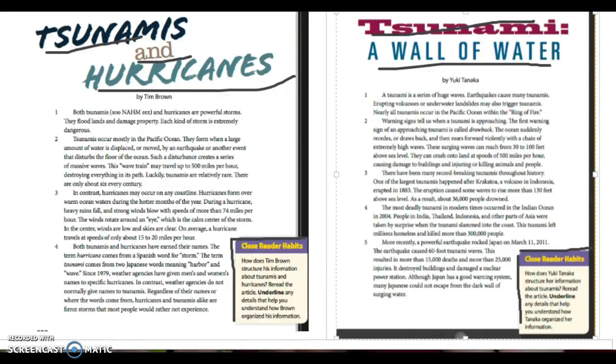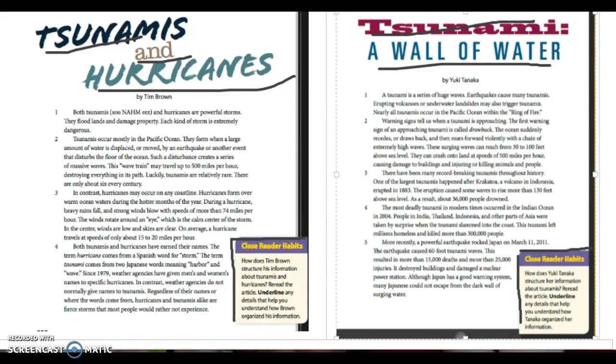Both tsunamis and hurricanes have earned their names. The term hurricane comes from the Spanish word for storm. The term tsunami comes from two Japanese words meaning harbor and wave.